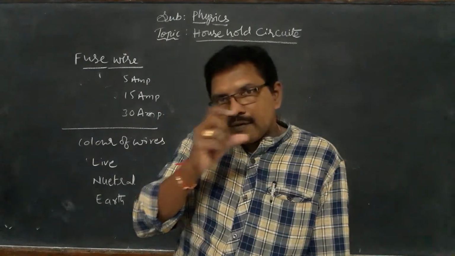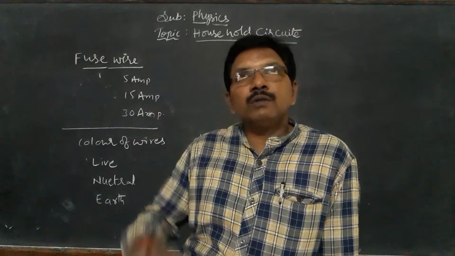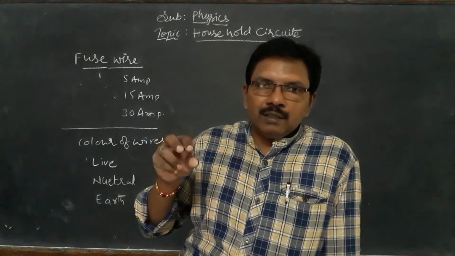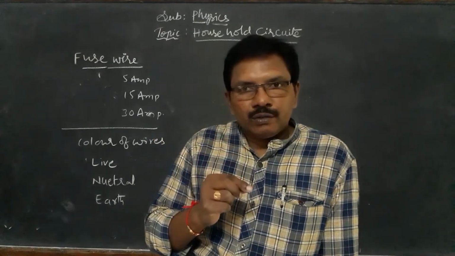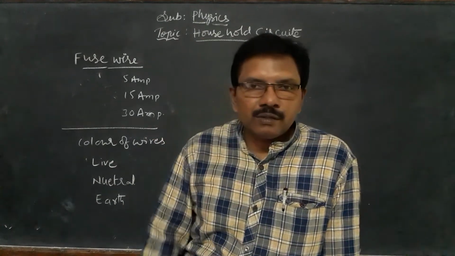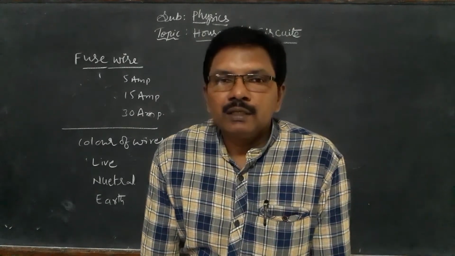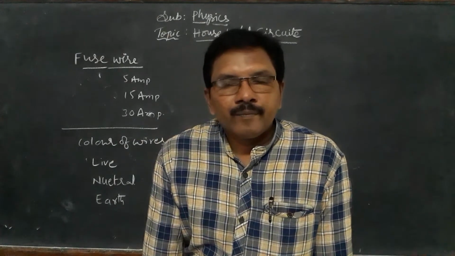A 5 ampere current flow is enough for a bulb or fan. In each appliance there should be a fuse. Even in an appliance, the fuse is used to protect those appliances from heat.